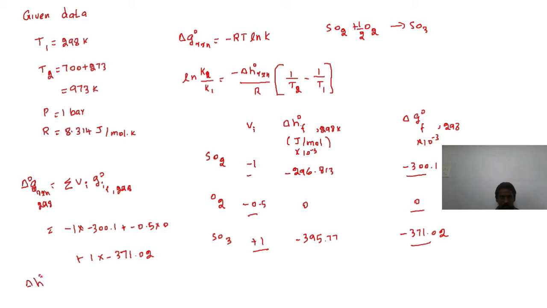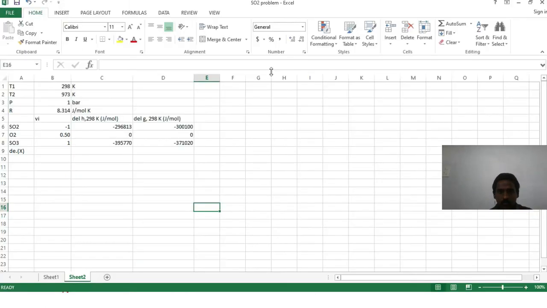delta H naught of reaction at 298. In our case, delta H of reaction is independent of temperature. Whatever value we have calculated, the same value can be used here. So, I have entered the data in the Excel sheet. First, let us determine del G of reaction.